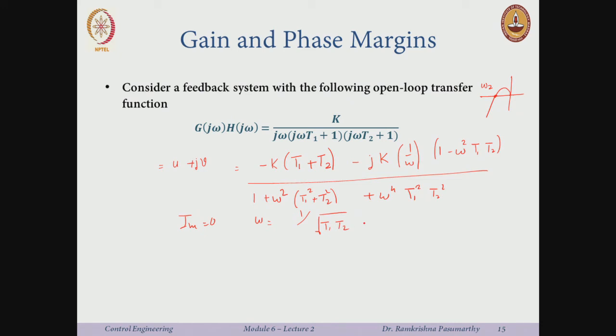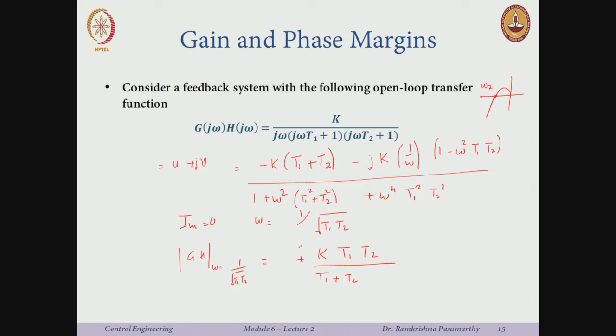At this frequency, the magnitude is minus k T1 T2 over T1 plus T2. If I just put the magnitudes, it will just be the plus, this sign will go away.